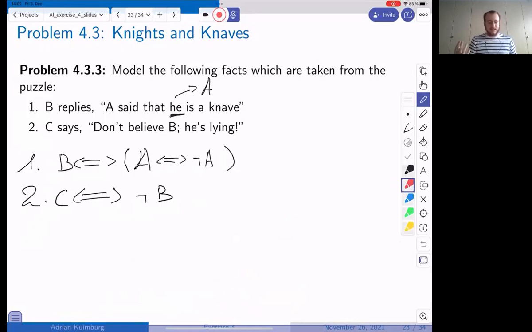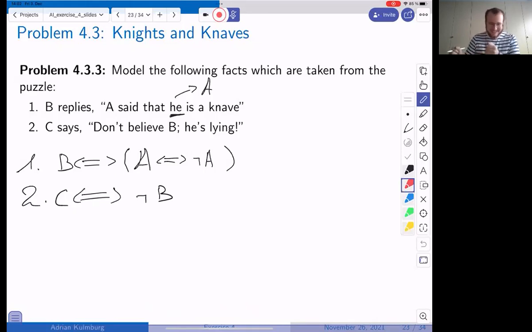Because A is not saying, how should I say, A is not saying something which is always true, right? He is saying that he himself is not a knight. Okay, sorry. Yes, he himself is not a knight. So he is saying that he himself is not true.